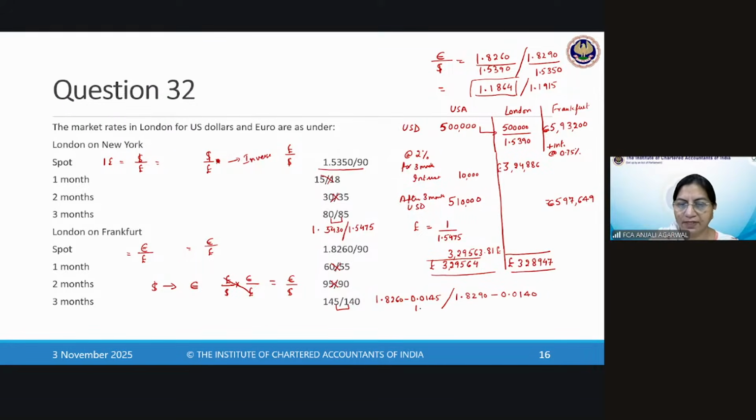So the new rates are 1.8115 oblique 1.8150.